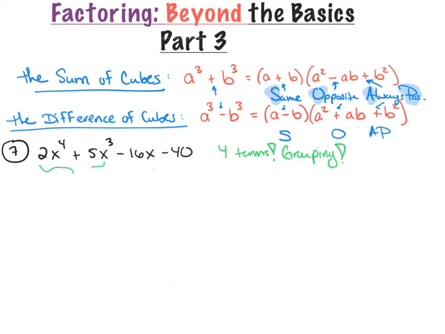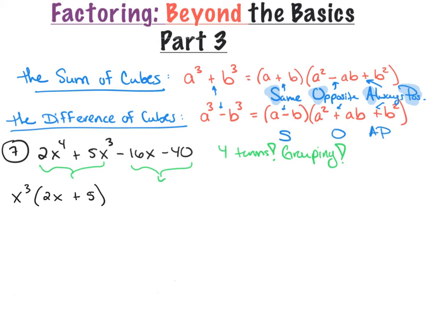So we'll group the first pair and then we'll group the second pair. And in that first pair, looking for a greatest common factor, 2x to the 4 and 5x to the 3, the only common factor there is the x to the 3.